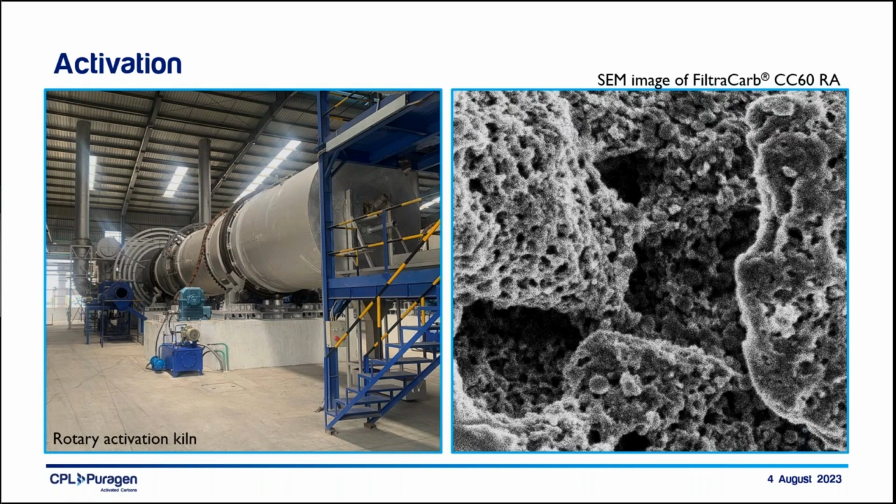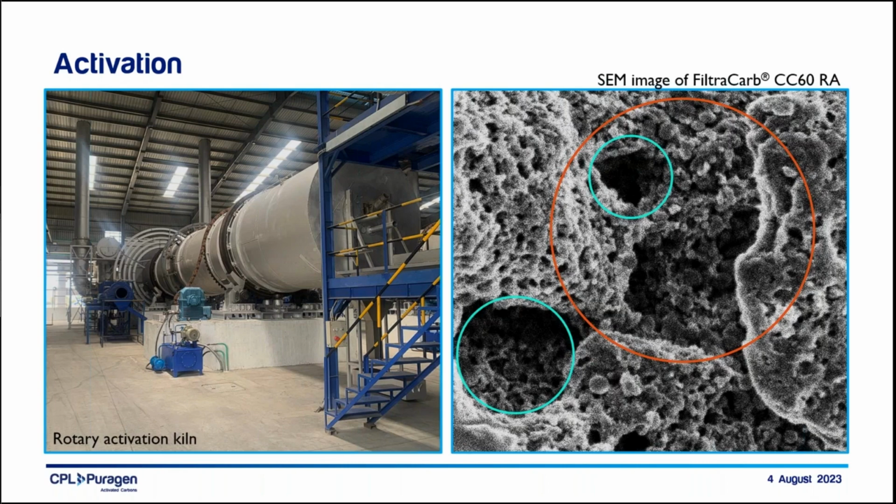The structure of the pores and their distribution are largely determined by the nature of the raw material, pre-carbonisation steps, carbonisation conditions, activation conditions, and the activating agent. I would like to draw your attention to the SEM image on the right. The pore which has been circled in red is an example of a macropore, and these have a diameter greater than 50 nanometers.